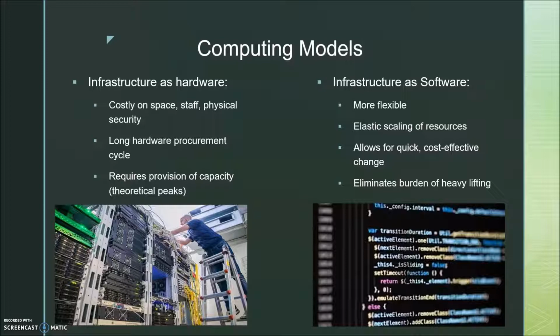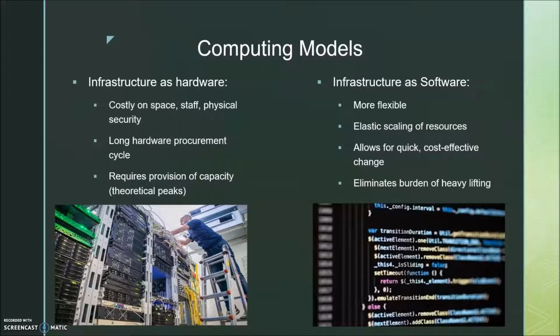In contrast, there exists infrastructure as software, which is more flexible, unlike hardware, as it shrinks and grows resources to suit its needs. It also offers elastic scaling of resources, which automatically utilizes certain resources when needed, rather than having to manually apply them.